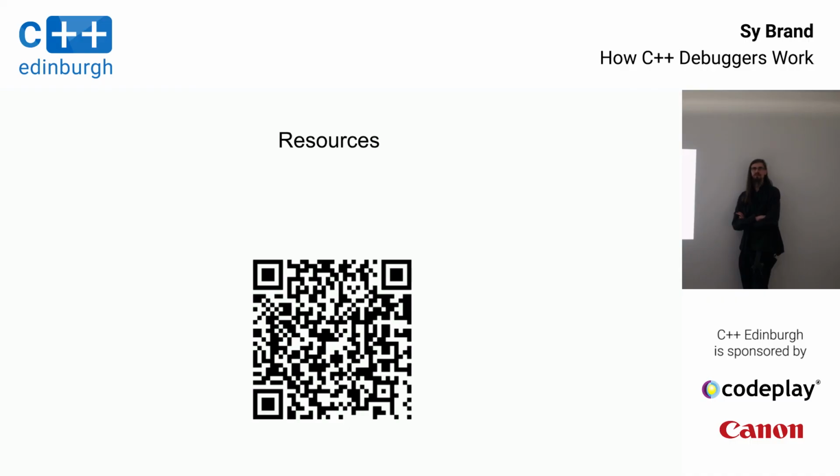Other questions? You mentioned that we only had so many hardware breakpoints. The debuggers maybe hot swap those out? Yeah, so the question was about having only a limited amount of hardware registers for debugging. Debuggers can, and I think do, swap them out. I can't remember if I ever actually looked at an implementation of this, but I'm told by people who worked on debuggers that there are a bunch of tricks you can do to make it look like you effectively have way more than you actually do, but I can't remember exactly how it works.